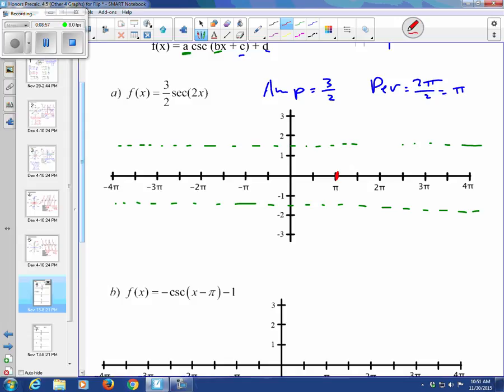And here, we can mark off the things that we know are going to happen for our secant function. When we're talking about secant, we know that we see vertical asymptotes at the quarter periods, so we can mark off those vertical asymptotes.